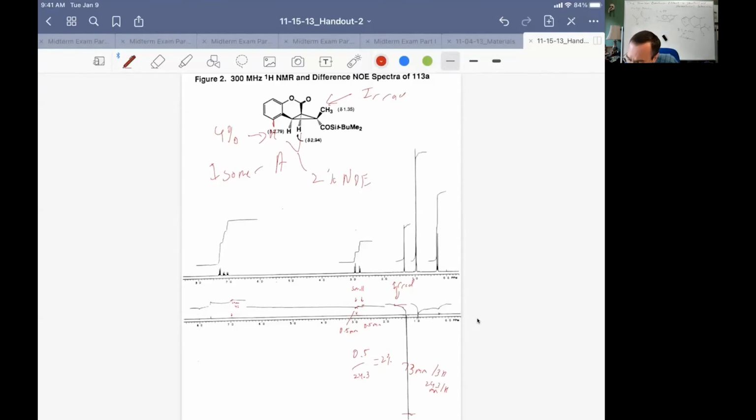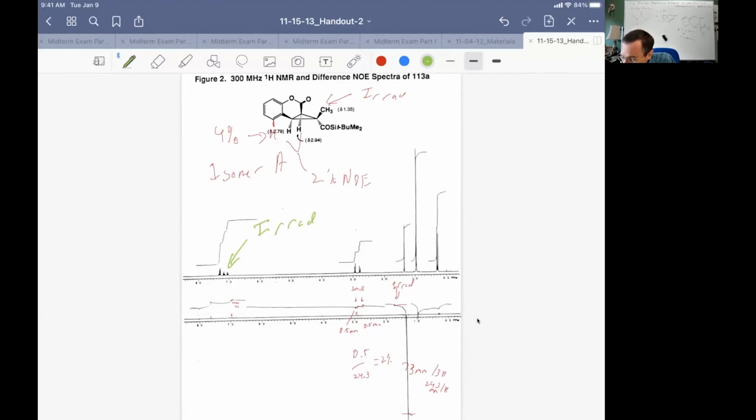What I could have done next is say, all right, then I better do another experiment. If all I have is this diastereomer, I better try irradiating that proton and making sure.